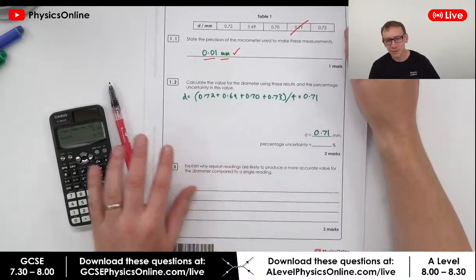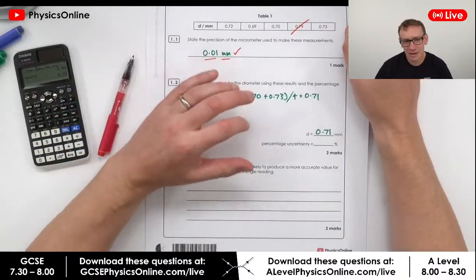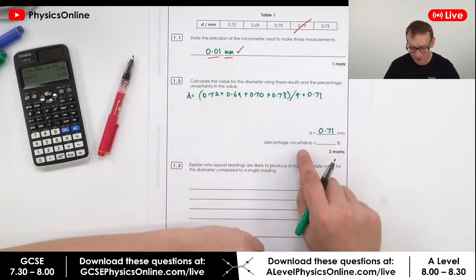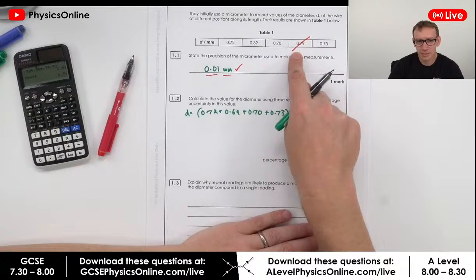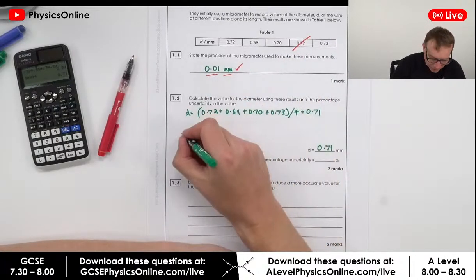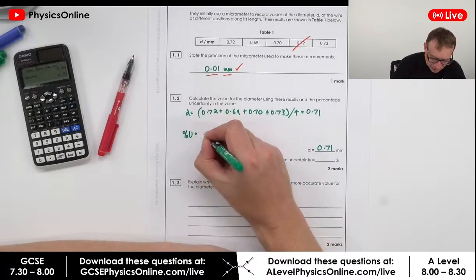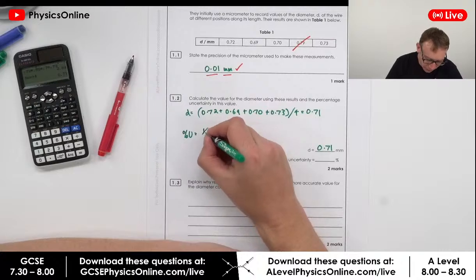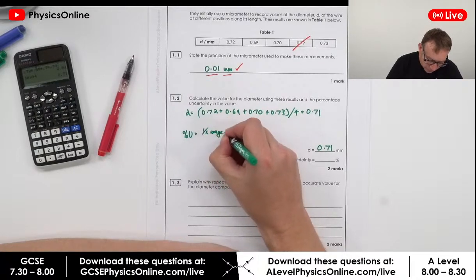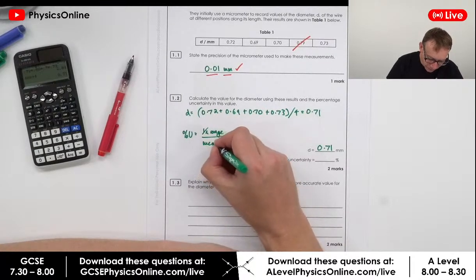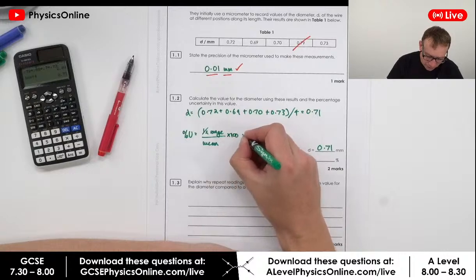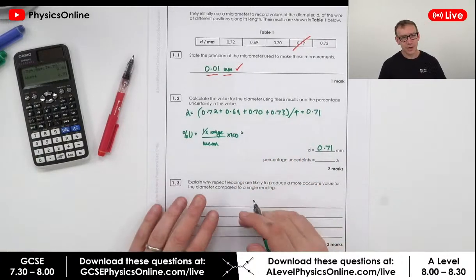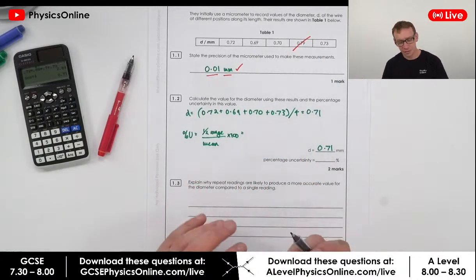Now the next bit is where it gets a bit more challenging, and I know that people hate percentage uncertainty. What we have here are multiple values, and that means that the percentage uncertainty is going to be equal to half the range of the data divided by the mean value multiplied by 100. To work out the range, it's the difference between the biggest and the smallest.